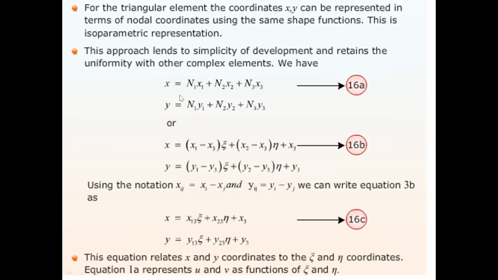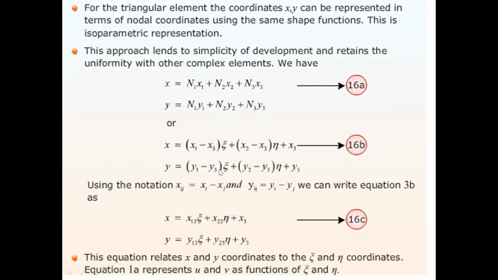The same way we can expand even global x, y coordinates in terms of local nodal coordinates. So x is the summation of Ni xi, N1 x1 plus N2 x2 plus N3 x3. Similarly, y is N1 y1 plus N2 y2 plus N3 y3. If you substitute N1 is xi, N2 is eta, N3 is 1 minus xi minus eta, and simplify, x is x1 minus x3 into xi plus x2 minus x3 into eta plus x3.